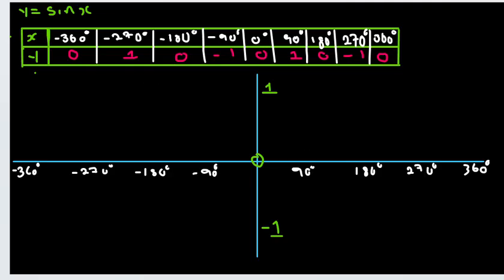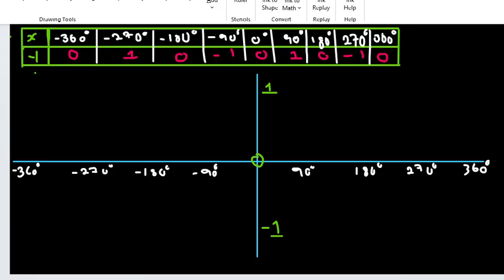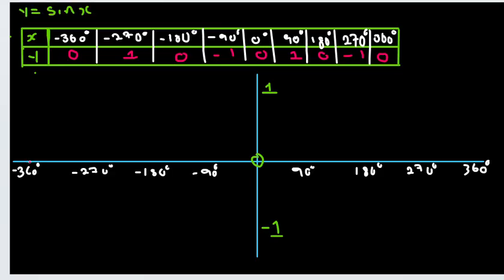Now let us begin plotting the values. At 360 we are at 0, but at negative 270 we have positive 1, so we plot over here. At 180 it is 0, and at minus 90 is where we belong.